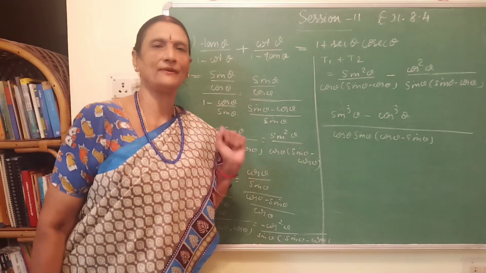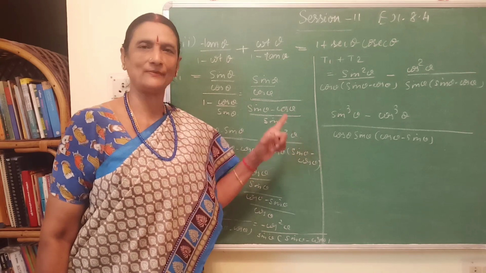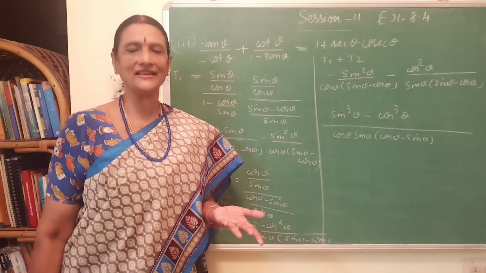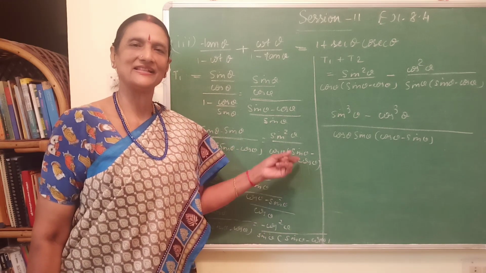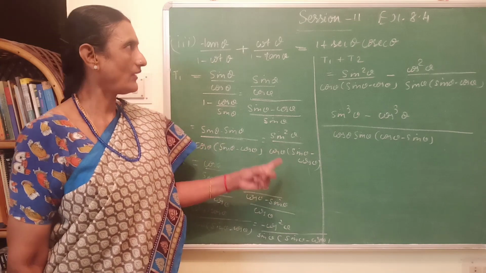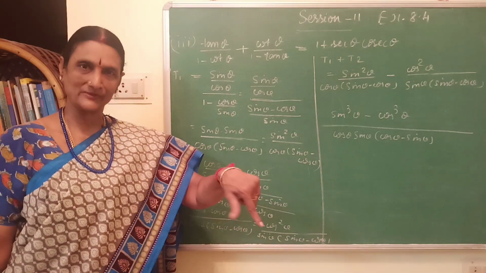Now how do you simplify this? Do you remember the identity a cube minus b cube? Can anyone tell me? Yes, it is (a minus b) into (a square plus ab plus b square). For your reference, you can write it down in your rough space.